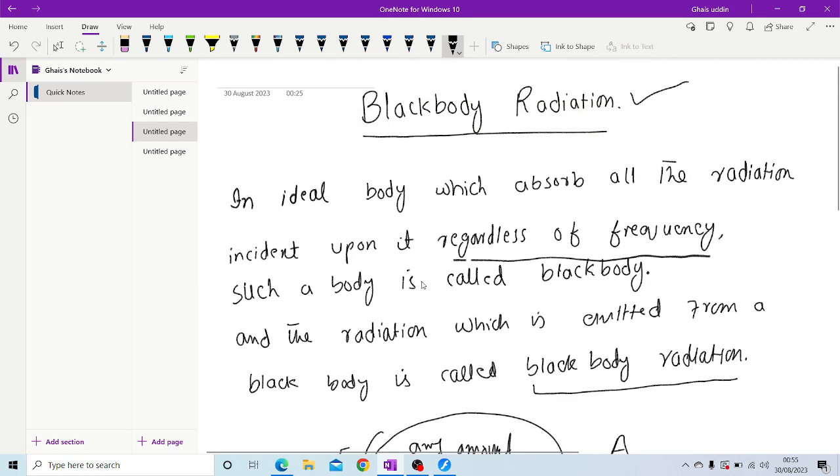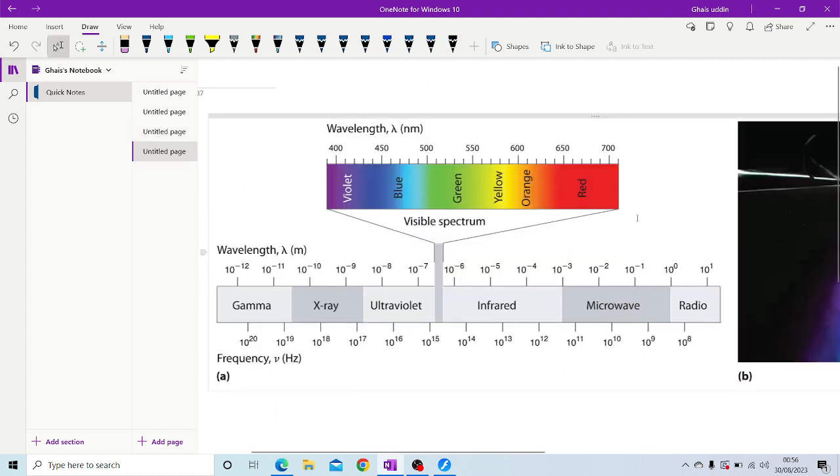I talked about all the radiation upon it, regardless of its frequency. So we can go to the electromagnetic spectrum, in which all the radiations are present.